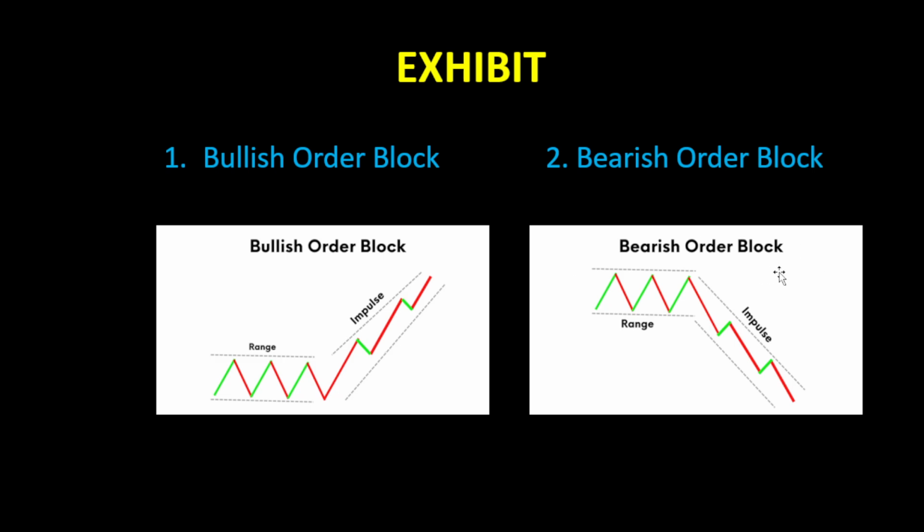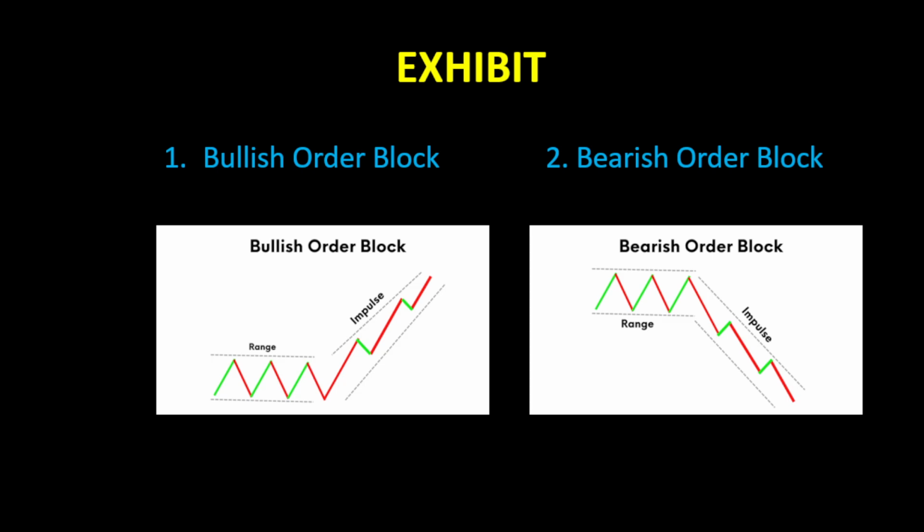Similarly, in the bearish order block, you can see at this point, price has printed a last bullish candle before this move to the downside. Note it? I'll show you these things on the chart, to let you understand it in a better way.